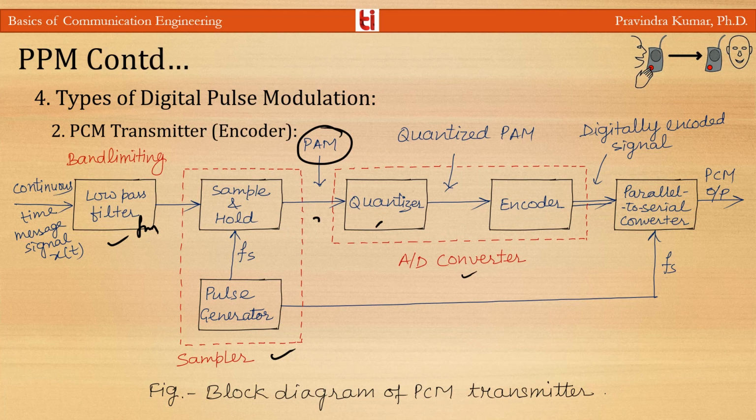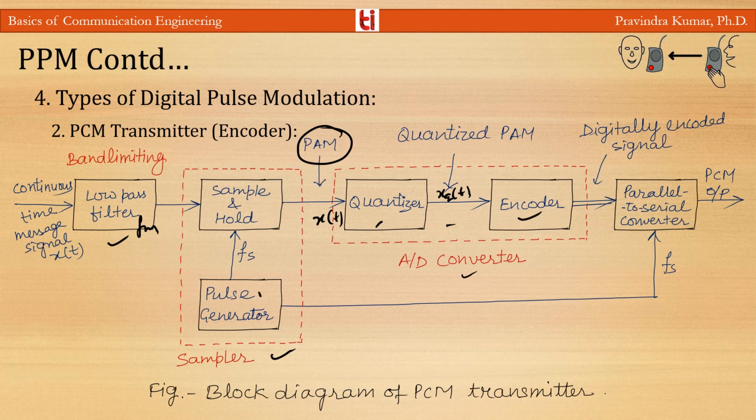In the process of quantization of a signal x(t), we create a new signal xq(t). There are two types of quantization: uniform quantization and non-uniform quantization, and we will discuss quantization in detail in the next lecture.